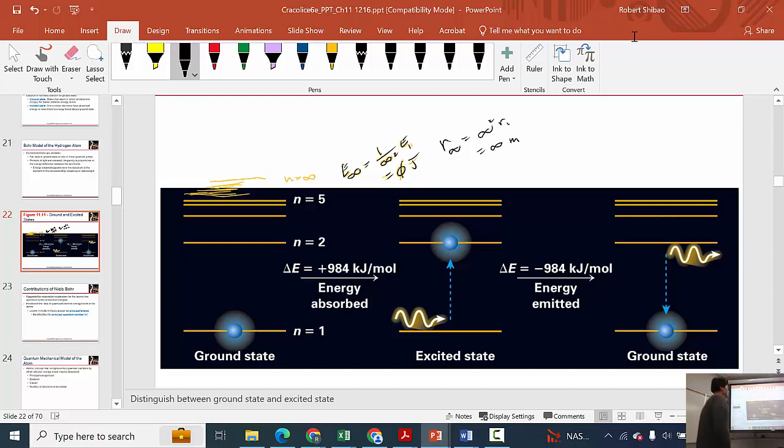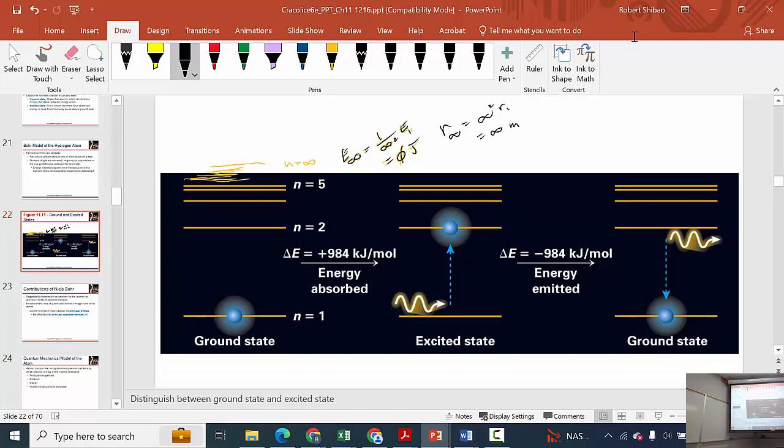Well, this turns out to be in the ultraviolet. And the pattern is also observed in ultraviolet. You can't see it with your eyes, but you can see it with detectors. And we see lines in the ultraviolet, and these lines correspond to what we call electron transitions.